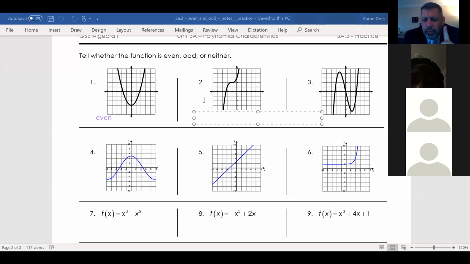So odd, it has to go through the origin. Does that go through the origin? No, so it can't be odd. It's neither. And even means if you fold it hot dog style, this side would lay on top of that side. Would this side lay on top of that side? No. So then it's the third one. It's neither, okay?